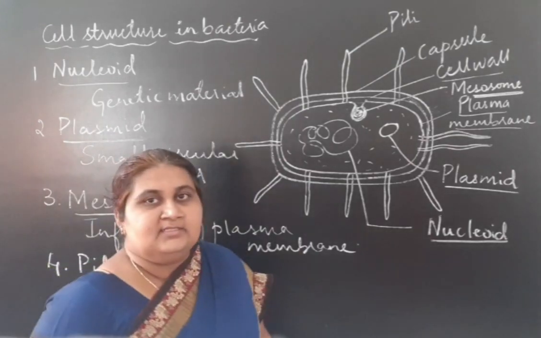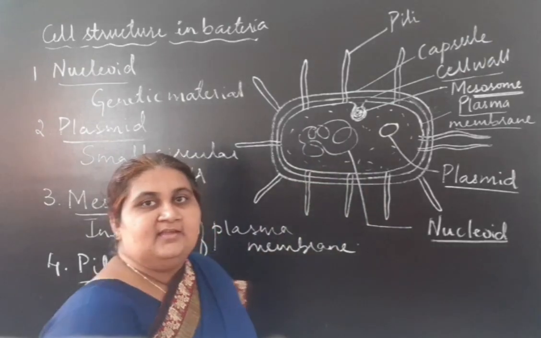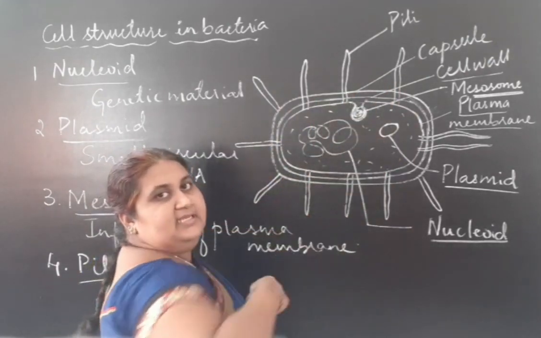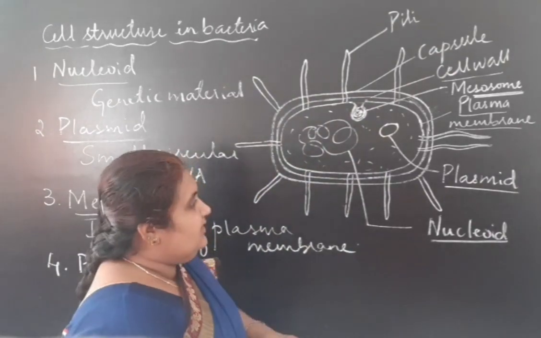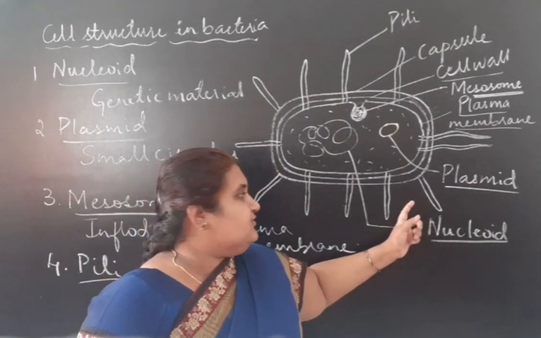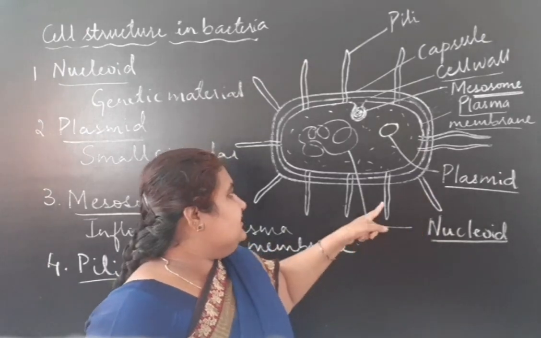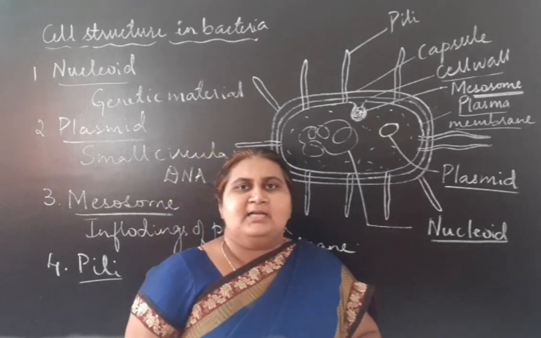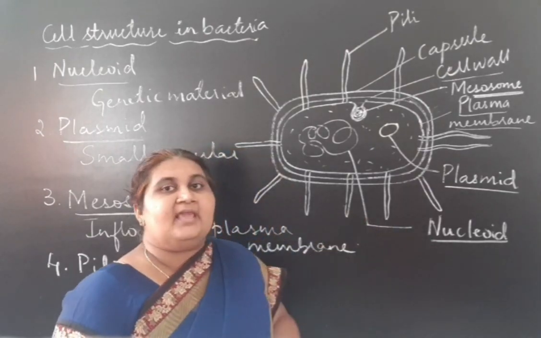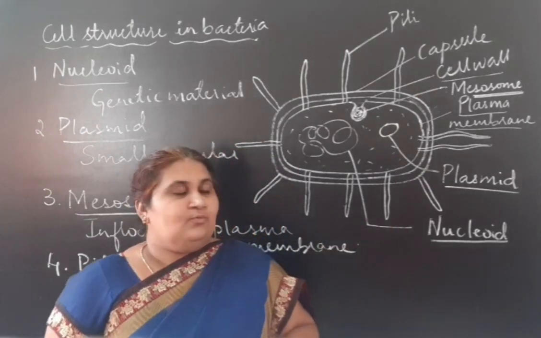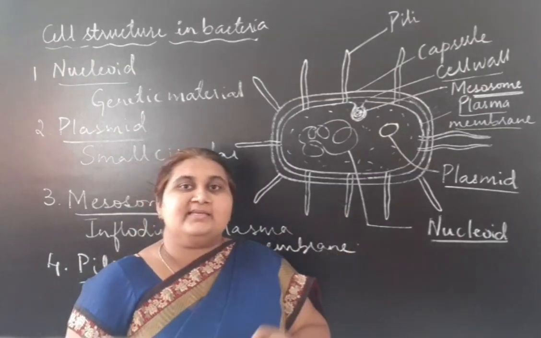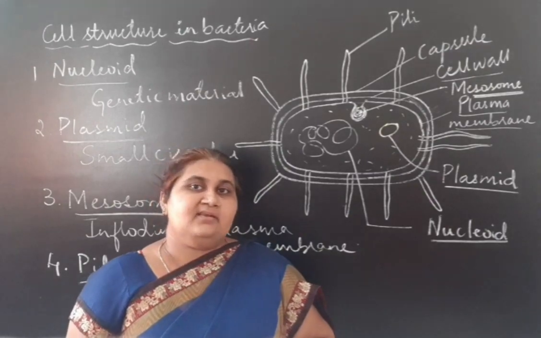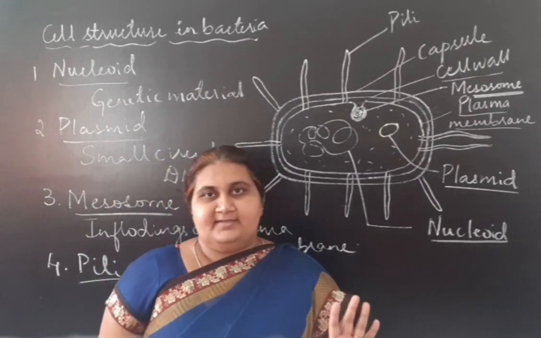Pili. You can see here the hair-like structures throughout the bacterial cell; they are called pili. Pili are minute hair-like structures. They are non-flagellar. They do not help in locomotion, movement.